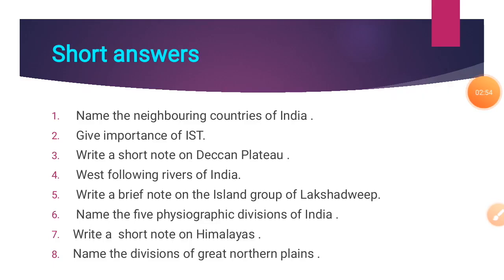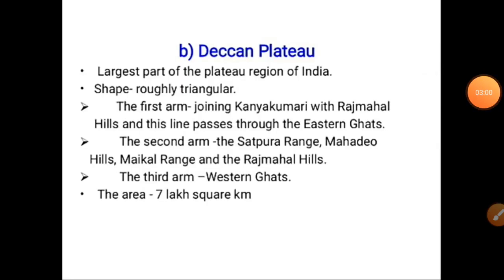The next most important question is, write a short note on Deccan Plateau. The Deccan Plateau is the largest part of the plateau region of India. It is roughly triangular in shape. In that triangle, the first arm, that is the first line, joins Kanyakumari and the Rajmahal Hills, and this line passes through the Eastern Ghats.